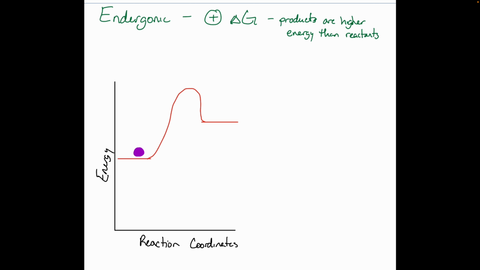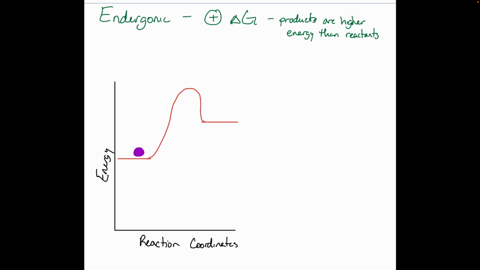In the forward direction, my activation energy barrier is this whole thing here, this big hump. If I'm in the reverse direction here, I'm starting out on my product side, then my activation energy barrier is only this big.